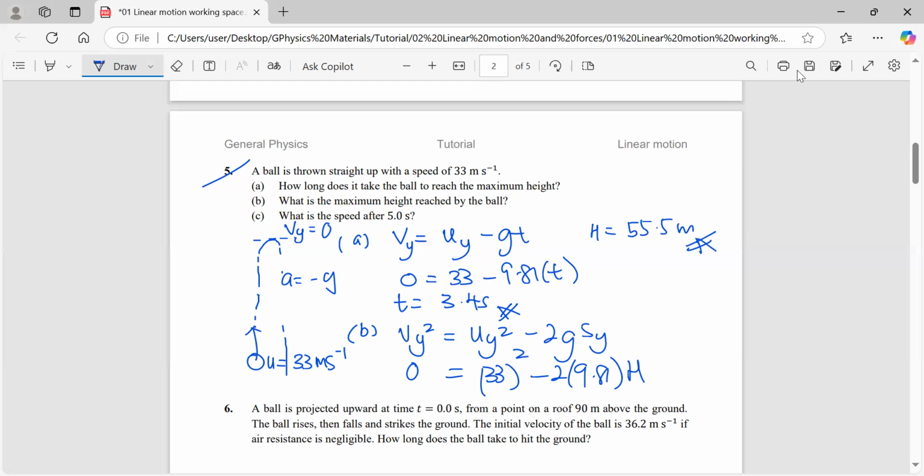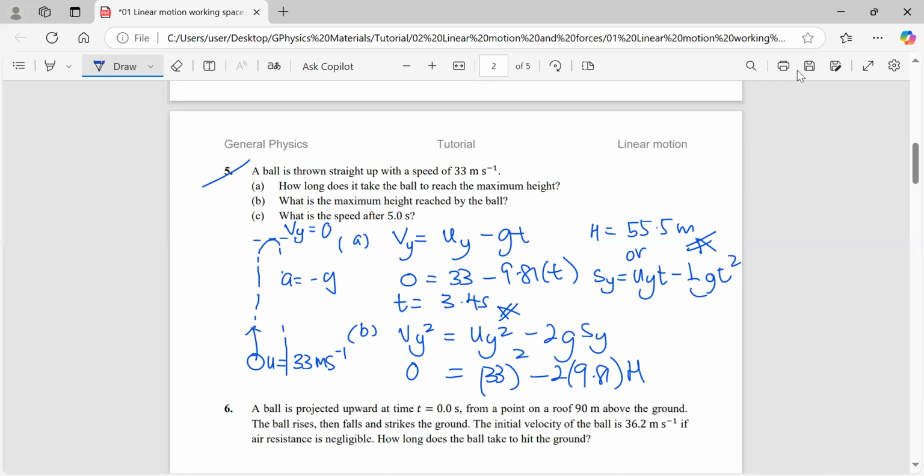But actually, you can also use another formula. That was using v squared. I can also use the formula s_y equals u_y t minus half g t squared.